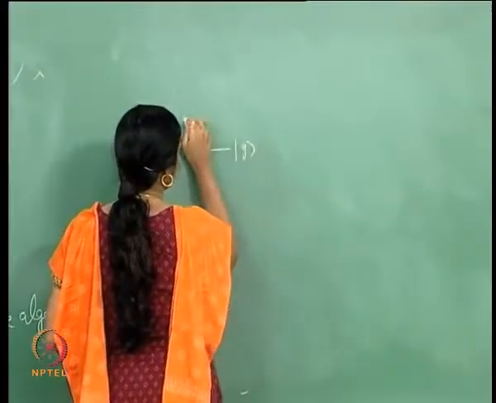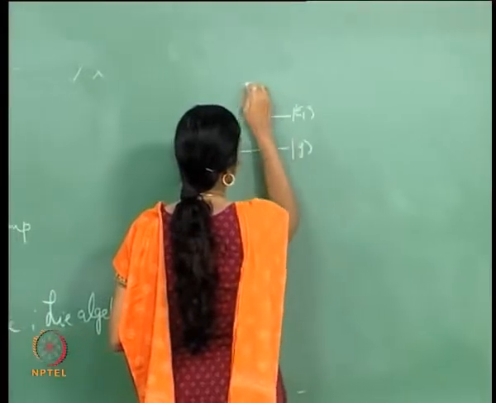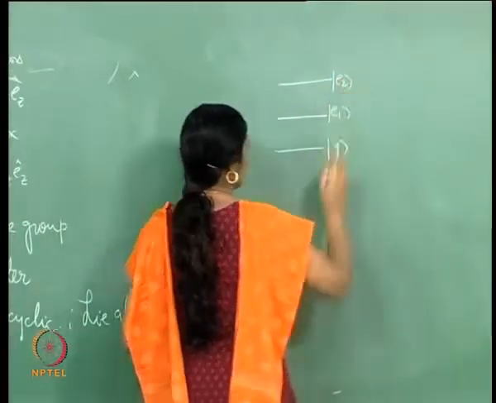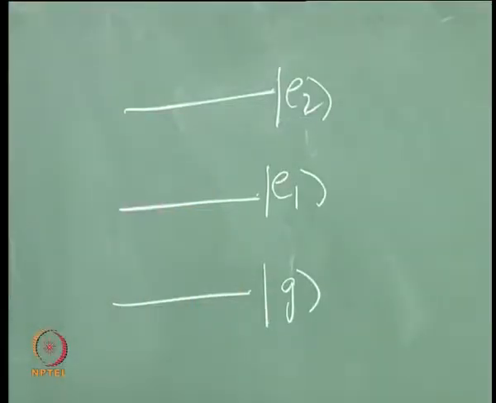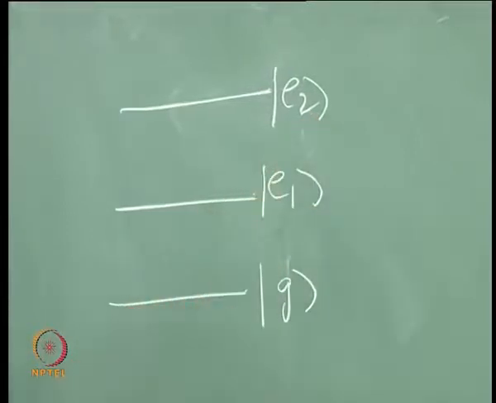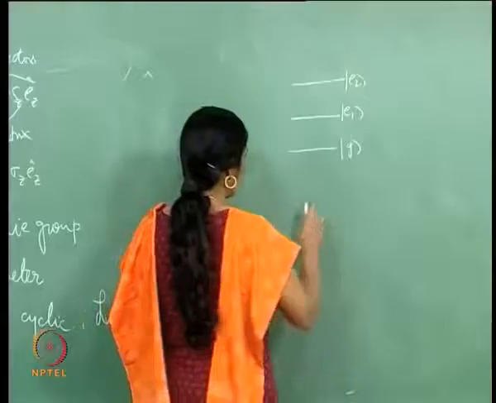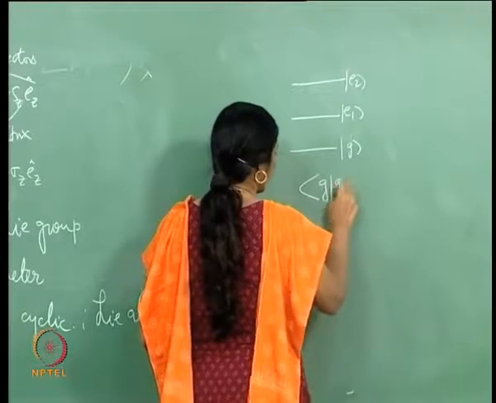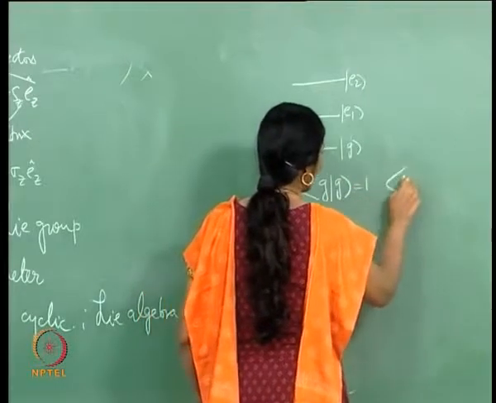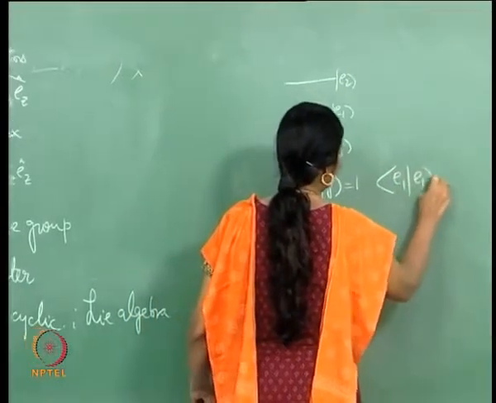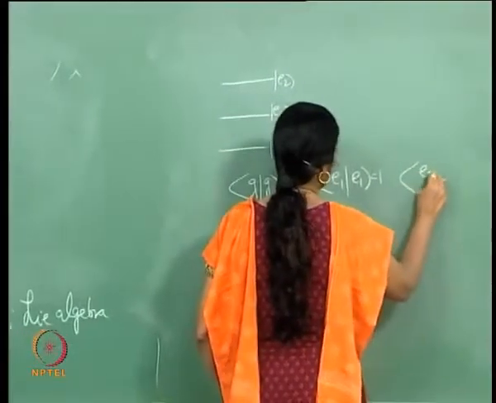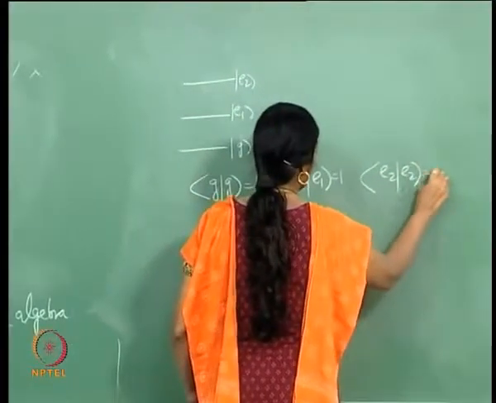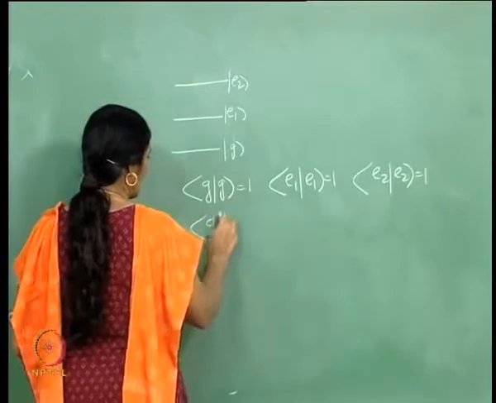So now I have 3 basis states: the ground state of the atom, the first excited state and the second excited state. Of course, they are normalized to 1, and they are orthogonal to each other.